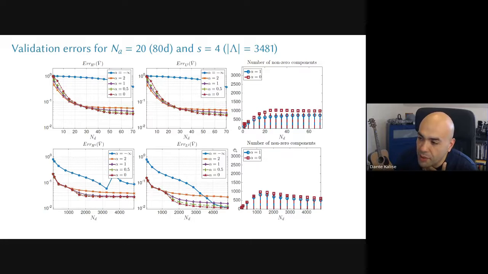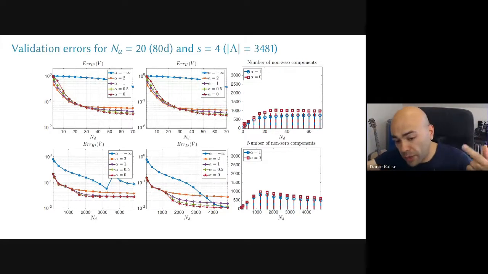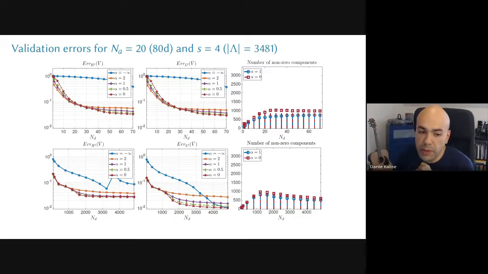There are two things that you need to get from this table. We get more or less the same errors here. The only difference is that it's 100 times cheaper in the number of samples. If you do it brute force, you will need like 4,000 samples. To reach the same error, you will need about 70 samples if you do this sort of sparse optimization using the representation formula of the Hamilton-Jacobi equation and the two-point boundary value problem.